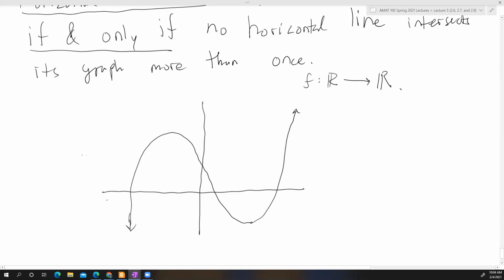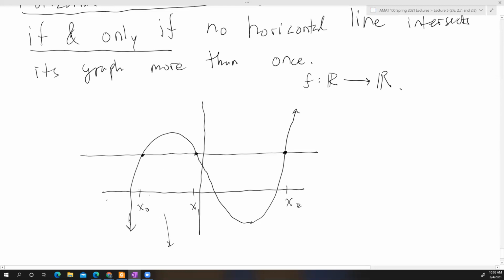If I just draw a horizontal line, it actually passes through three points, right? Let's call these x0, x1, and then this is x2. I don't really care about this point right here, because these two points themselves already show that this function cannot be injective.